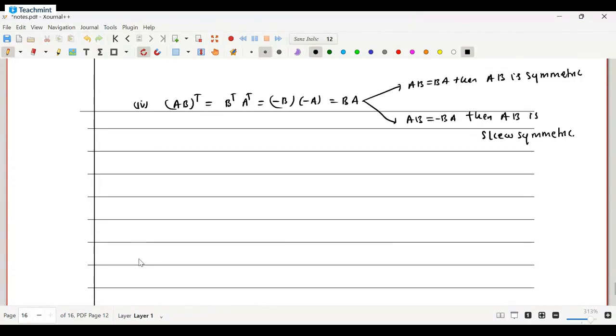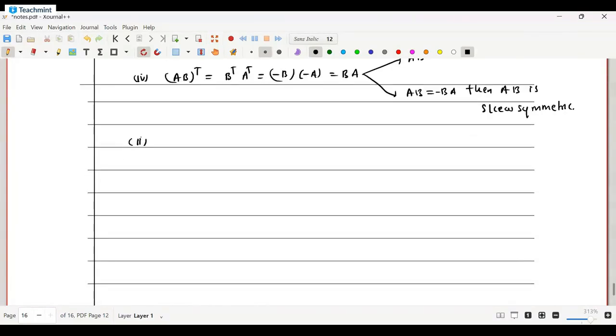And integer powers of A power n, where A is a skew symmetric matrix, is skew symmetric if n is odd, and it is symmetric if n is even.